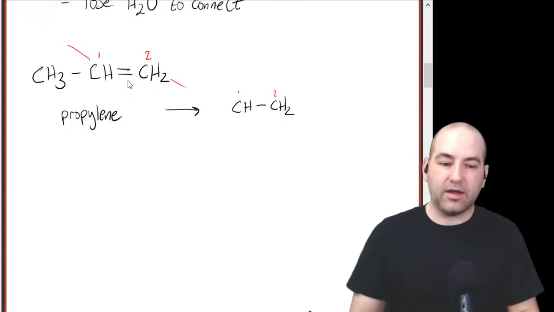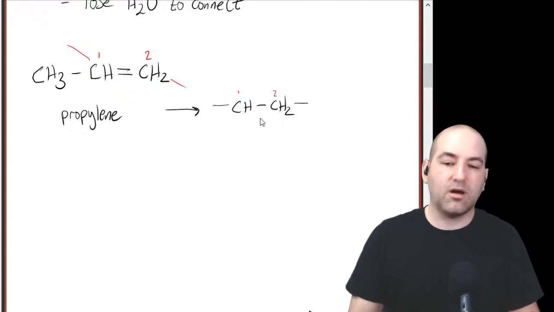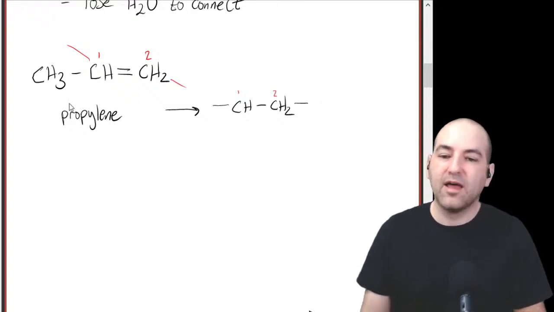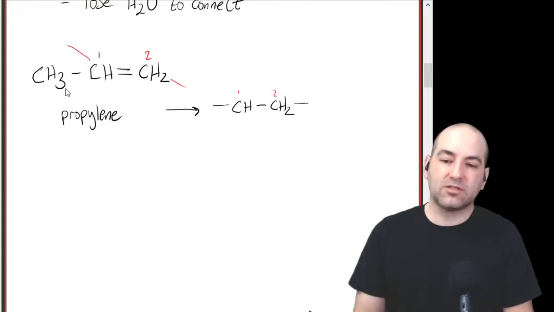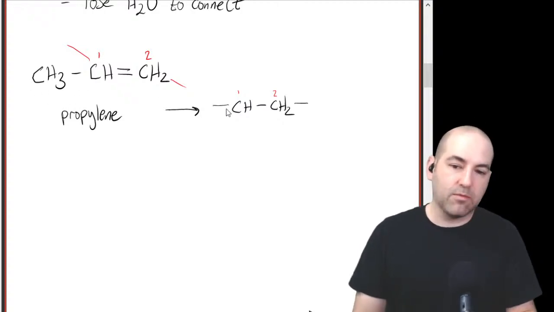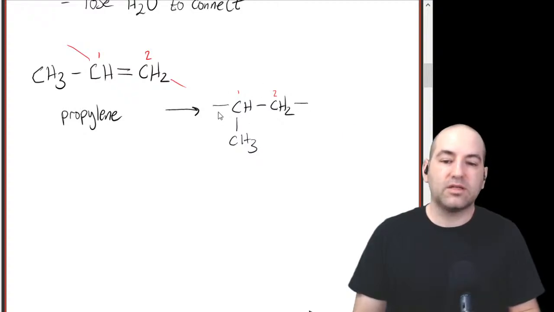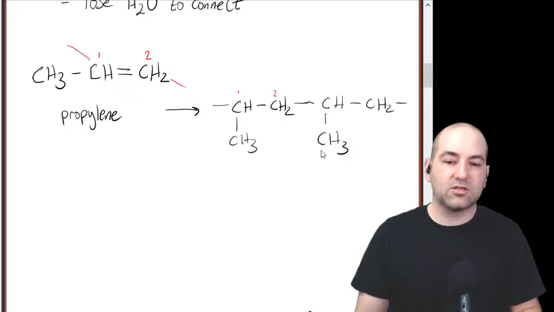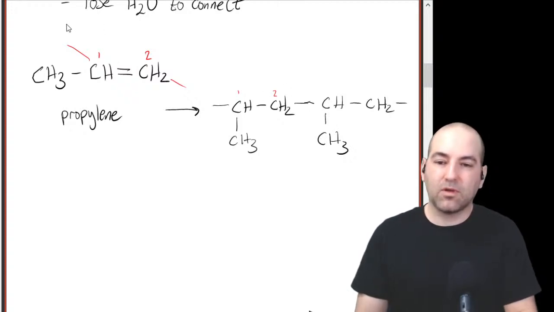We get rid of that double bond, and then we connect these to other examples of themselves. And we're not breaking any other bonds. So the CH3 that was connected to carbon 1 still has to be connected. All right, so now this is our repeat unit, and this is just going to happen again. So we've got another 2 carbons from polypropylene with the CH3 coming off that first one.